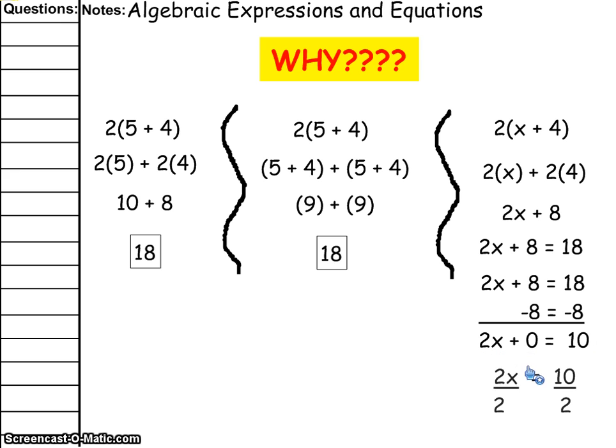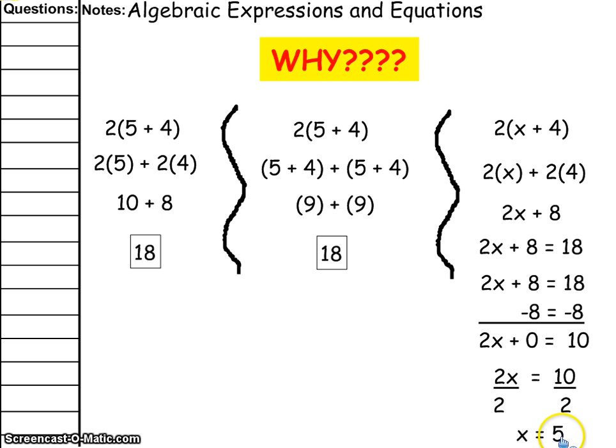And since my variable is being multiplied to 2, I'm going to do the inverse operation, which is division. I'll divide by 2, and 2 divided by 2 is 1, and 1 times x is x. And then 10 divided by 2 is 5. So that leaves me with x equals 5.